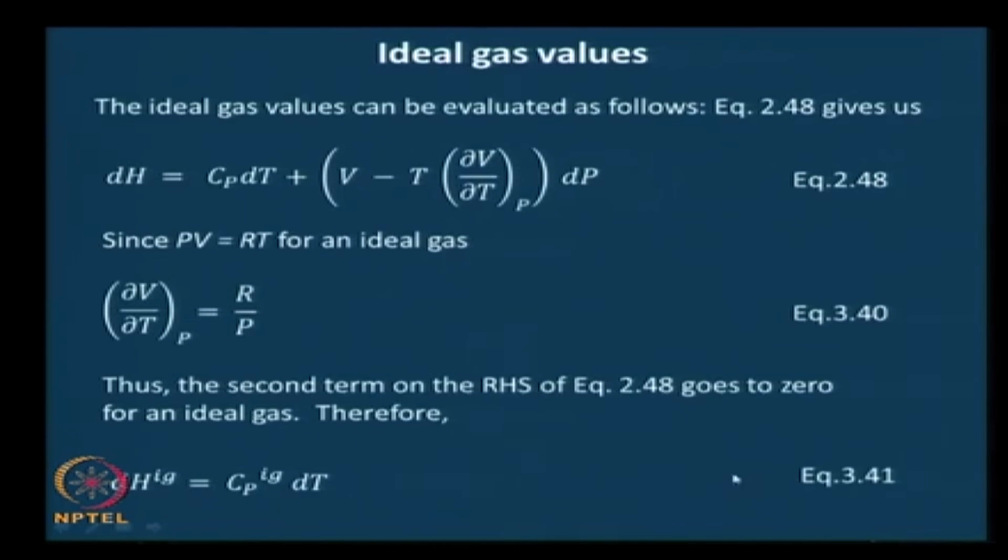You do not have this term for an ideal gas. Why? Because you have this V minus T, and you substitute R by P here, you get TR by P, and TR by P is nothing but V, and V minus V goes to 0. Therefore you end up with dH ideal gas is Cp ideal gas dT, equation 341.